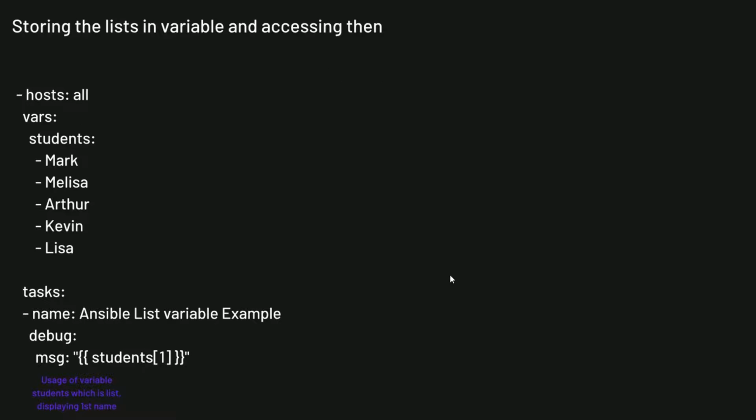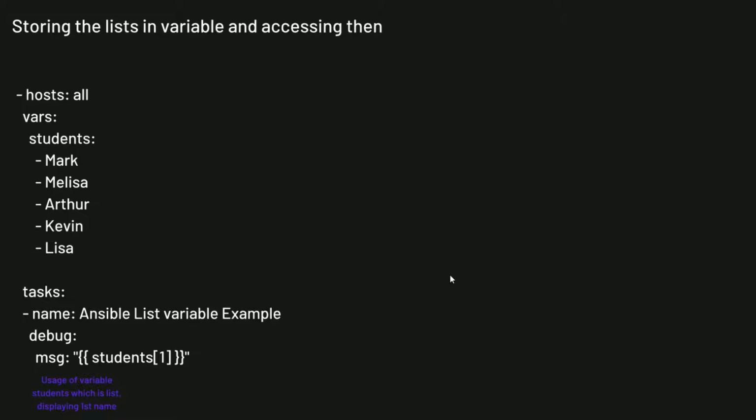Moving to the next example, how can you store a list in a variable and how can you access it. Here is a simple playbook where I have a list variable called students, holding the names of students, and I am going to call that variable in my playbook. And how I am calling it: two curly brackets, name of the variable.